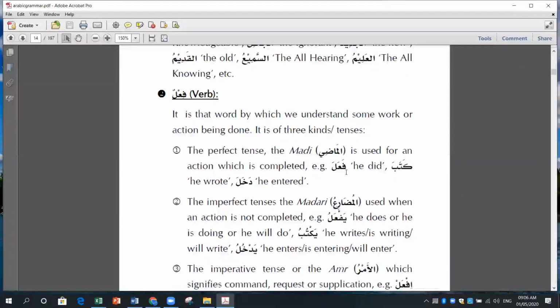So the pattern is not alama, it's alima, on the pattern of fa'ila. There is no word alama, like he knew. As I said, sajada means he prostrated, but if I want to say he knew in past tense, there is no word alama. It's alima by default. We have to follow the pronunciations as Arabs pronounce these words, right?